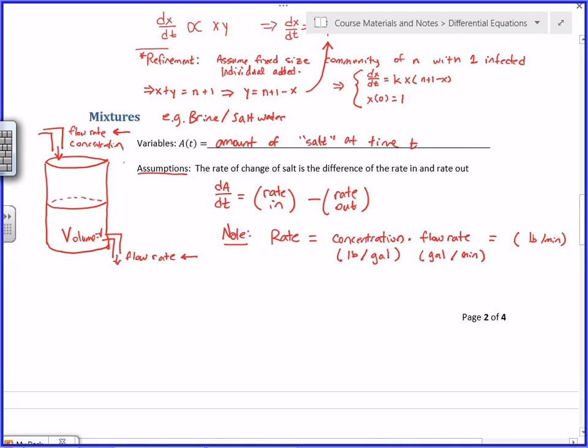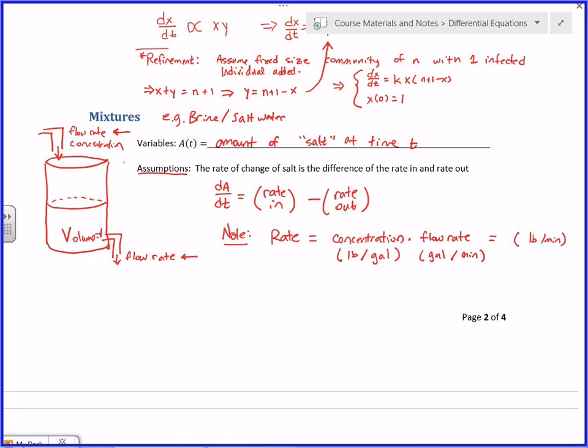Because if you start talking about how it swirls and vortexes throughout this tank whenever you drop in salt and you stir it up, there'll be some higher concentrations in one part versus another. Modeling what happens inside of a fluid as you move through it is extremely complicated. Computational fluid dynamics is an enormously complicated field of study, and beyond the scope of this class and beyond the scope of any graduate class that I took. I mean, people get PhDs in computational fluid dynamics alone. So we're not going to talk about that.